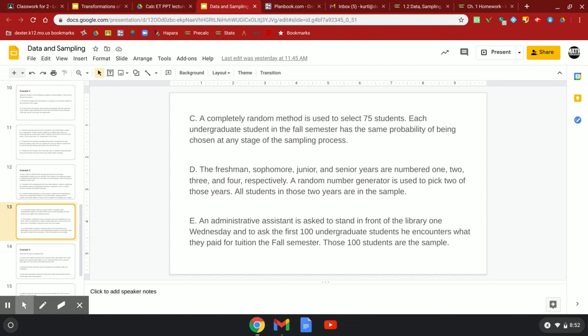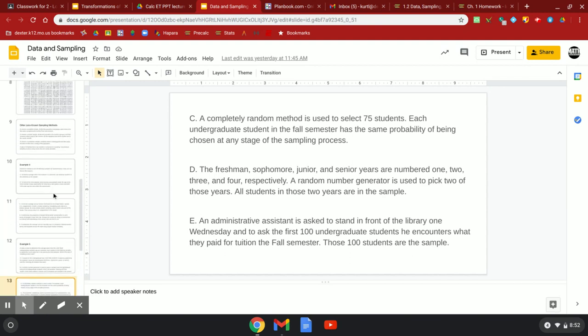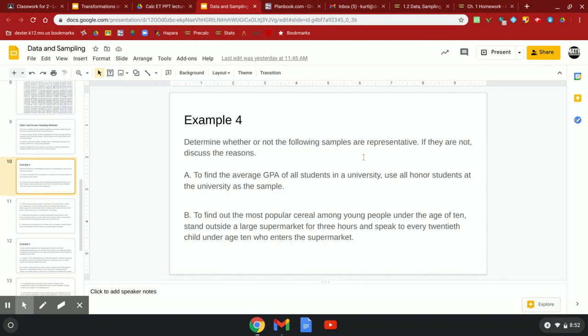Okay. All right. Well, there's some others. Since we're talking about convenient samples, there's some other ways that the sample is not representative of the population.